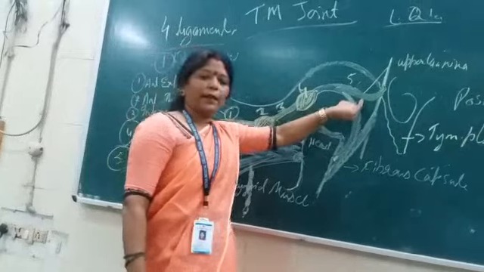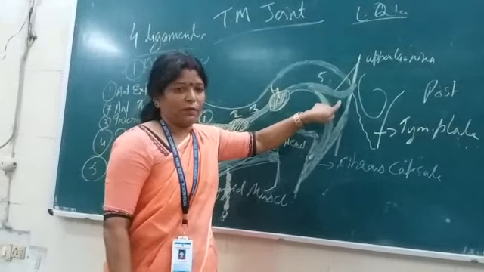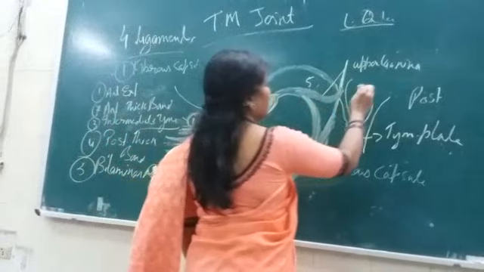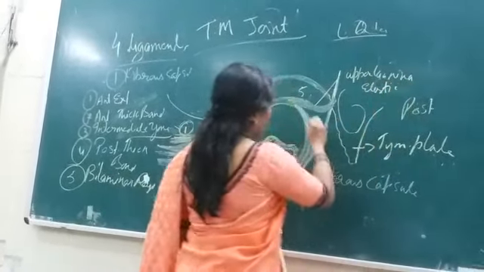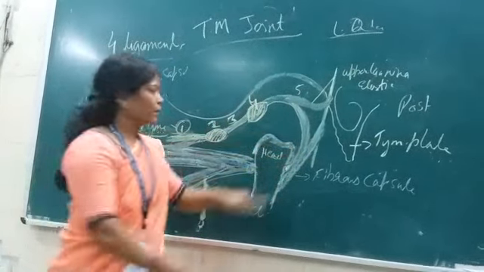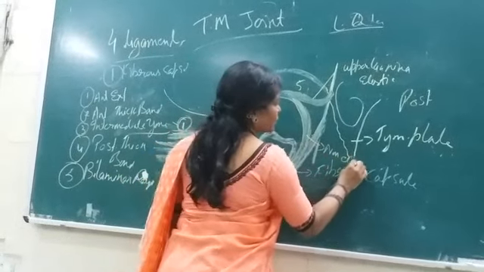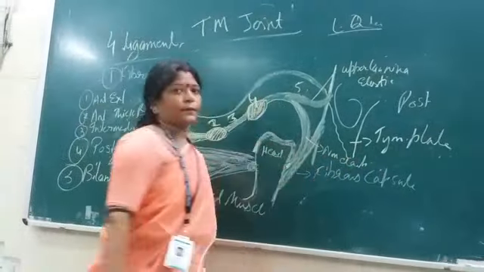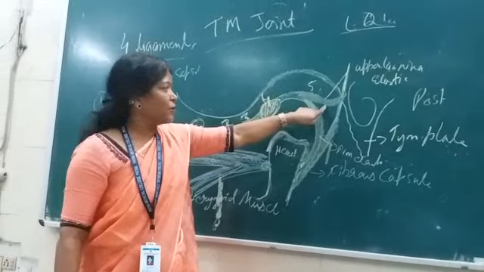This upper lamina of the intra-articular disc is formed by what? It is formed by the elastic tissue, fibroelastic tissue, and the lower lamina is non-elastic. So, the non-elastic lower lamina, and the upper lamina is elastic, fibroelastic.